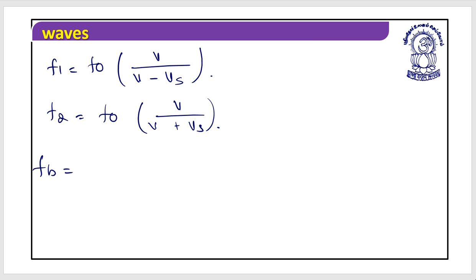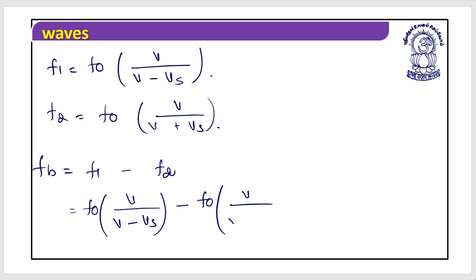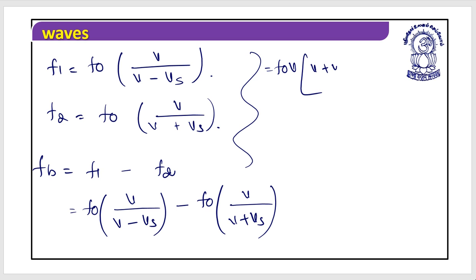So when I look for the beats frequency, this is equal to f1 minus f2, which is f naught into bracket v upon v minus vs minus f naught upon v plus vs. So this is simply f naught into v into bracket v plus vs minus v plus vs, divided by v square minus vs square.